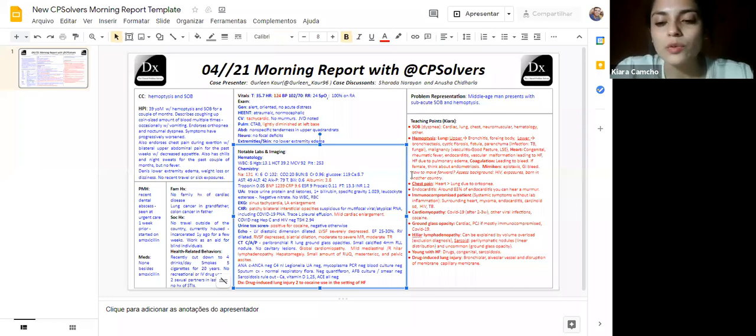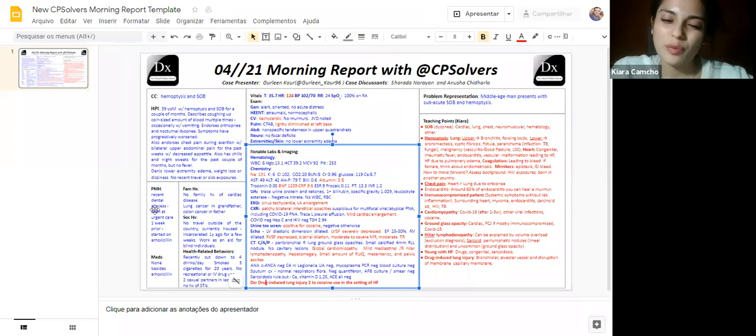Then you will notice that this patient had systemic concerns or symptoms, but they weren't correlated with laboratory exams, because the labs didn't show any kind of inflammation.